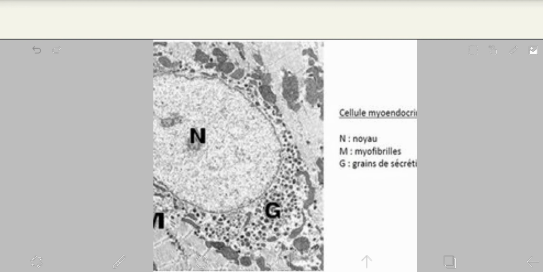These cells are mainly present in the atriums. So we find them in the atrium walls, and these are cells that have these granulations, like these dark points, which contain a certain type of hormone. It's called the ANF, or ANP.